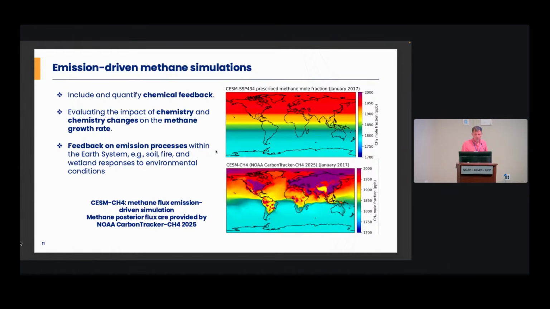So here we're developing an emission-driven methane simulation of mainly CAM-chem at the moment, but hopefully with a full emission-driven CESM in the future. We want to include and quantify the chemical feedback. We want to evaluate the chemistry and the chemistry changes on the methane growth rate, and eventually have feedback on emission processes within the Earth system, so fires, soil NOx, and wetland methane, in an interactive fashion with our improved chemistry system.